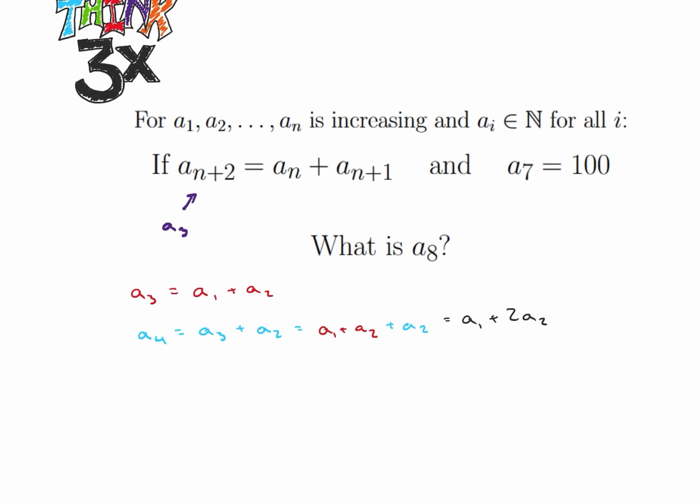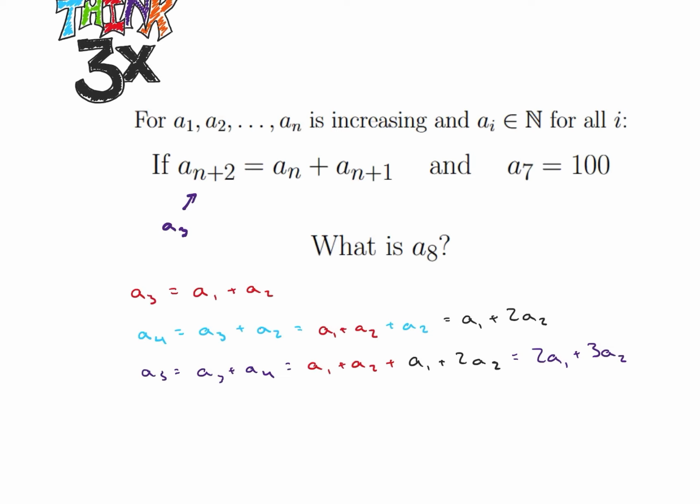If I look at a sub 5, that's going to be a sub 3 plus a sub 4, which is going to be a sub 1 plus a sub 2 plus a sub 1 plus 2 a sub 2, which is going to give us a grand total of 2 a sub 1 plus 3 a sub 2.